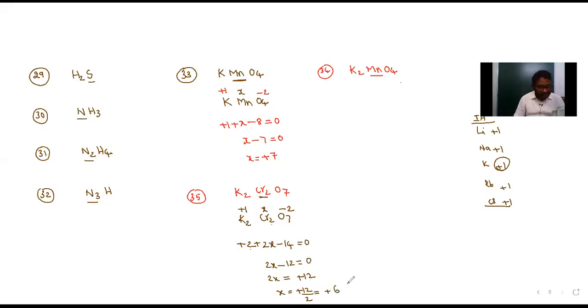Any doubt? This is sodium. Sodium is a first group element, oxidation state +1.